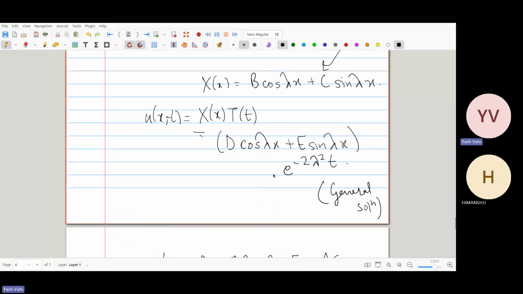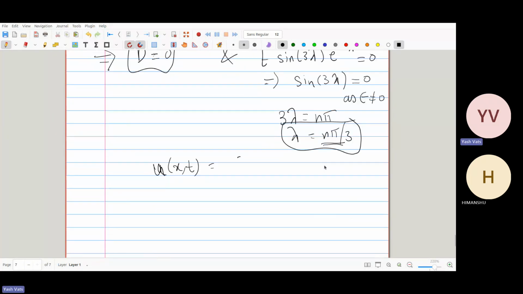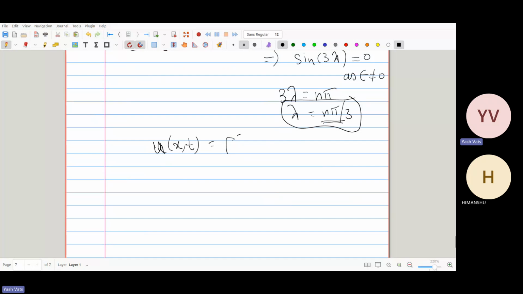That is e sin(lambda x) and e to the power minus 2 lambda square t. So you just substitute the value of lambda here, and e is just a constant. So u(x,t) is e_n, because it's dependent on n, times sin(n pi x over 3) e to the power minus 2 pi square n square t over 9. Okay, so that's u(x,t) now.